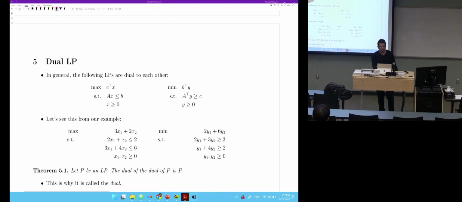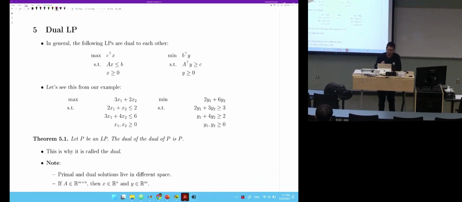So in general, given any LP in the standard form, once you write the dual, you get this thing. A very succinct representation of the dual. And in our example, it's basically these two things.